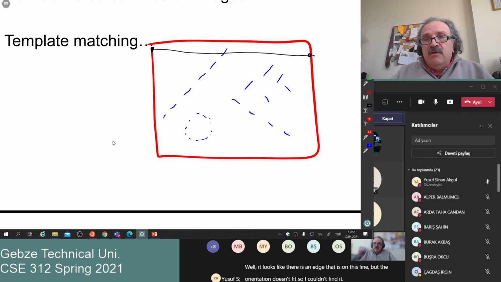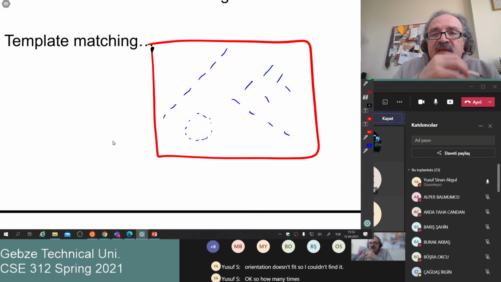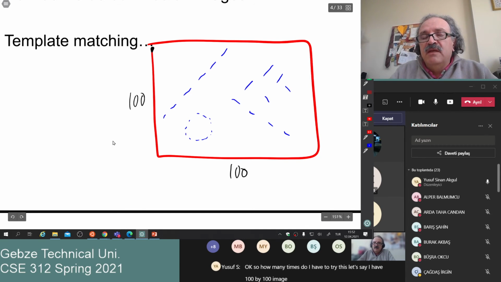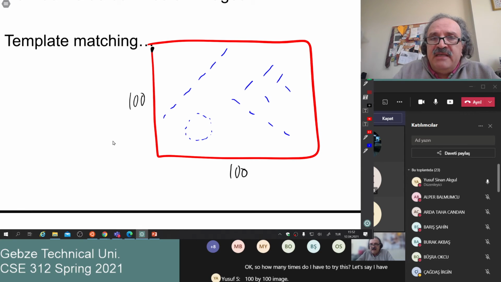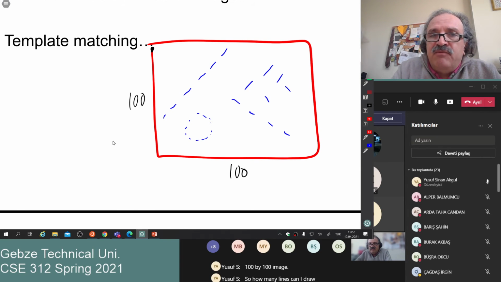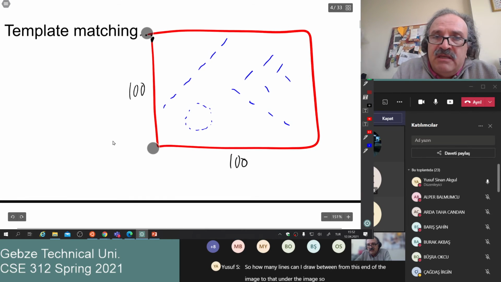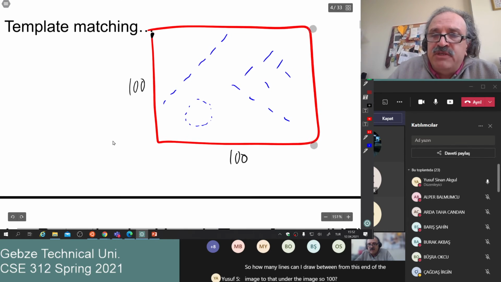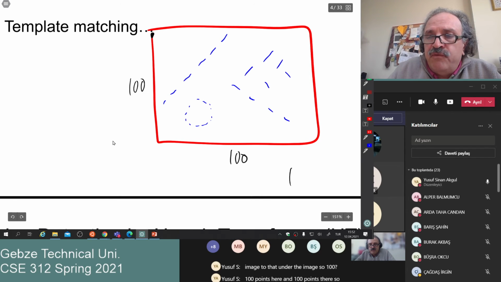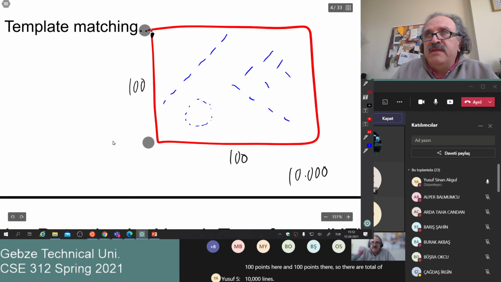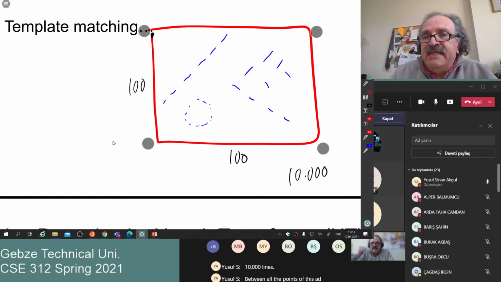Okay. So how many times do I try this? Let's say I have a 100 by 100 image. So how many lines can I draw from this end of the image to that end of the image? So 100 points here, 100 points there. So there are a total of 10,000 lines between all the points of this end and all the points of this end.